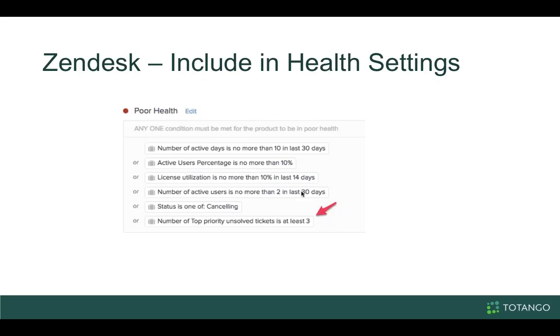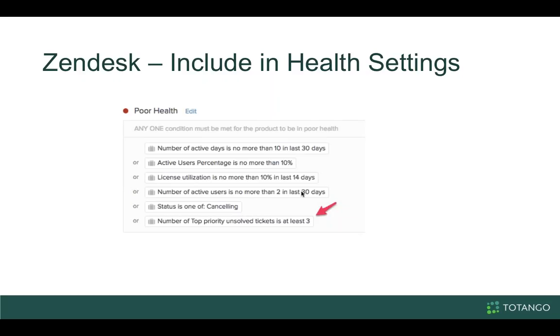Now, you can also, if it makes sense, I don't necessarily advise this unless you really feel strongly about it, because I think the notifications and success plays can be used for alerting your team and your department of any high priority or unsolved tickets. But if you do believe that a high level of top priority tickets that are unsolved should affect the health of your customers, then you can absolutely infuse that into your health definitions.